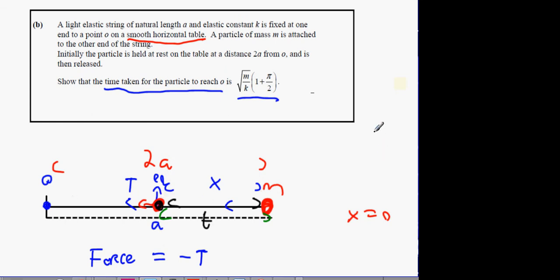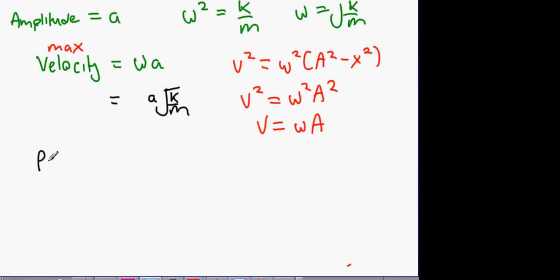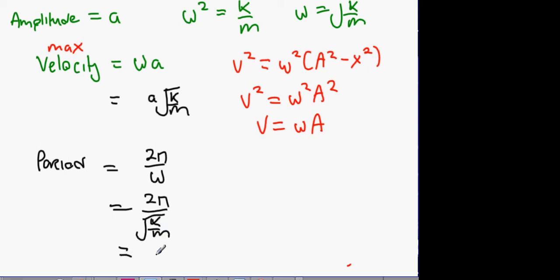The formula for period, which is in your tables, is 2 pi over omega. This is 2 pi over root k over m, which ends up in turn to be 2 pi root m over k when you turn it upside down. Now we know what the period is. We now need to figure out what t is. t is going to be a quarter of the period, as discussed earlier. And a quarter of the period is going to be pi over 2 root m over k.